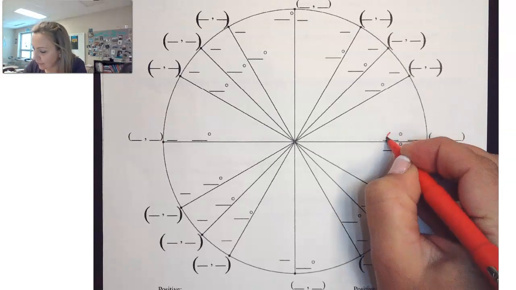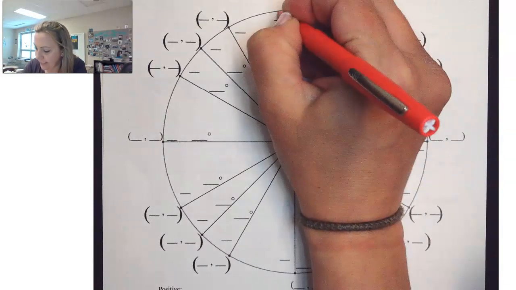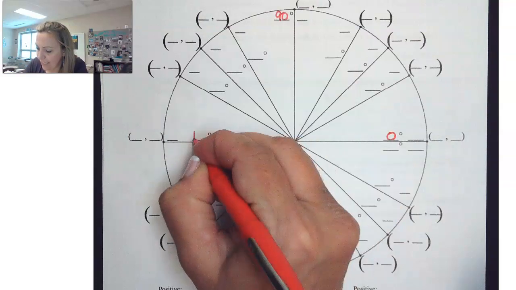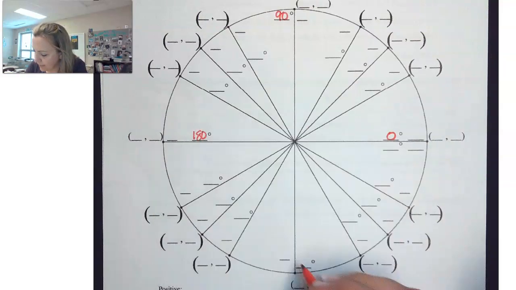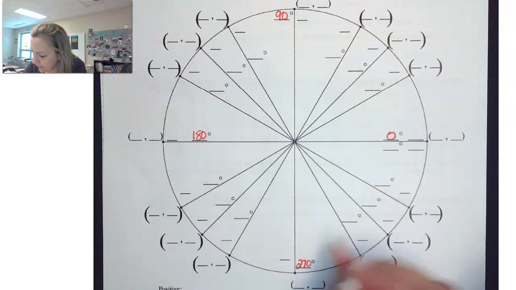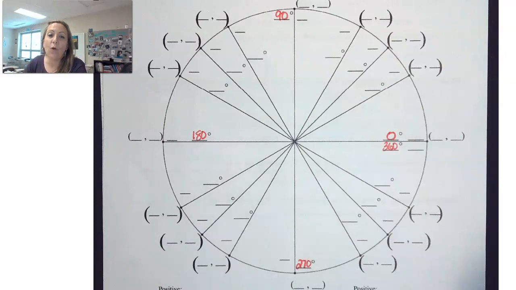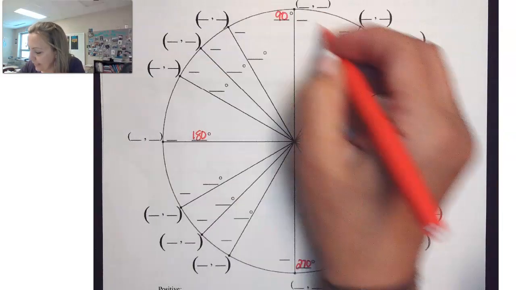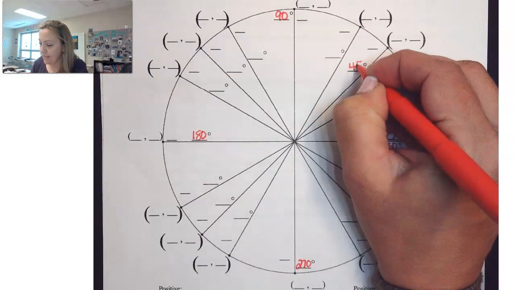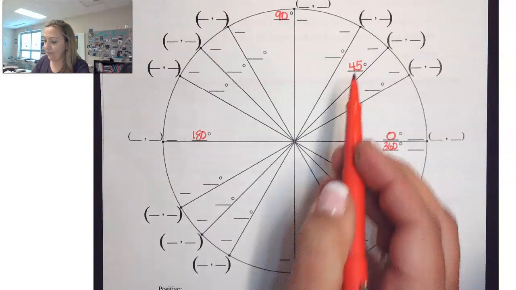We know that this is 0, this is 90, this is 180, this is 270, and this is 360 degrees here, right? We also know that halfway between 0 and 90 is 45. So we can then count by 45 degrees.